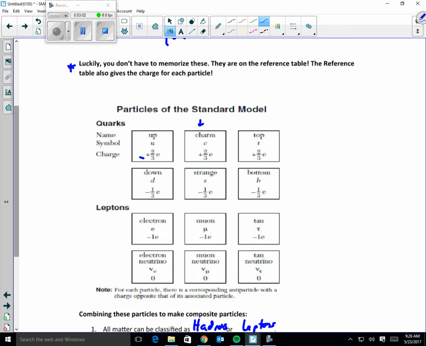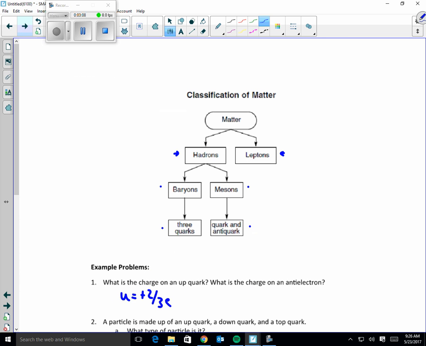It says for each particle there is a corresponding antiparticle with the opposite charge. Okay? So an electron is minus 1 E. Then an anti-electron would be just like an electron, but the charge would be plus 1.